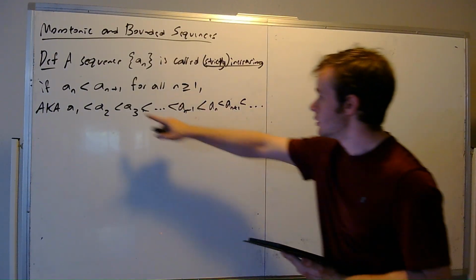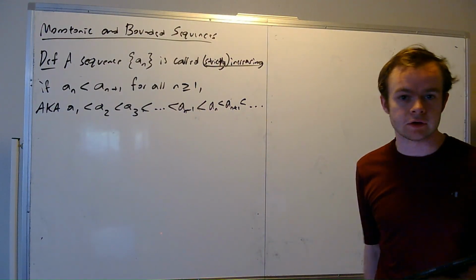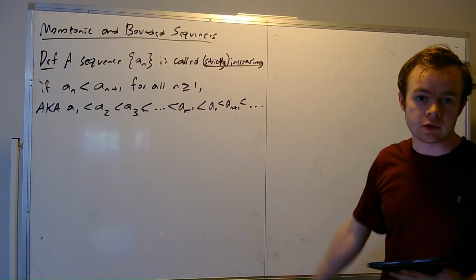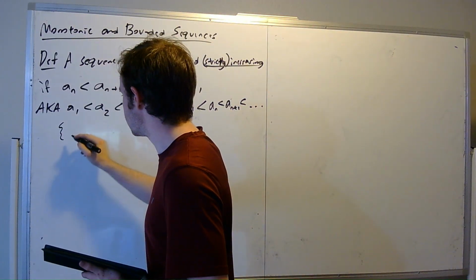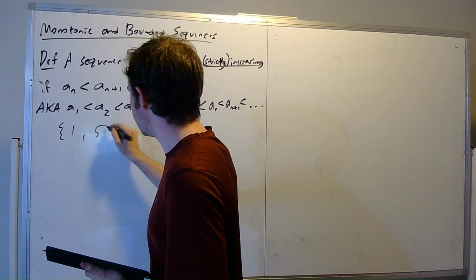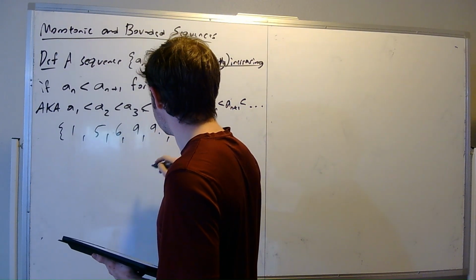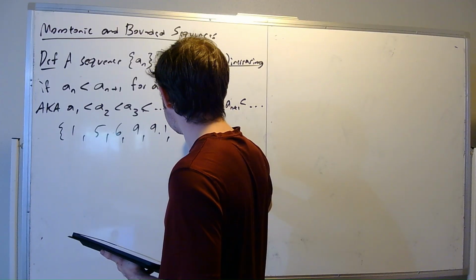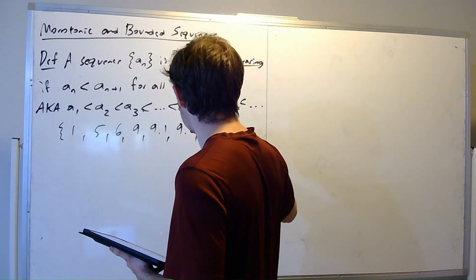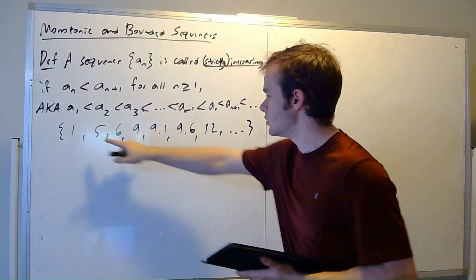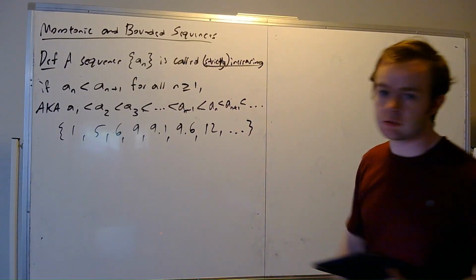So here, a_n is strictly less than a_{n+1} for each of these entries. So this is the pattern that you get. So what this means is you just have a sequence that looks like maybe 1, 5, 6, 9, 9.1, 9.6, 12, and so on, where each entry just keeps getting bigger, right? So this is called an increasing sequence.